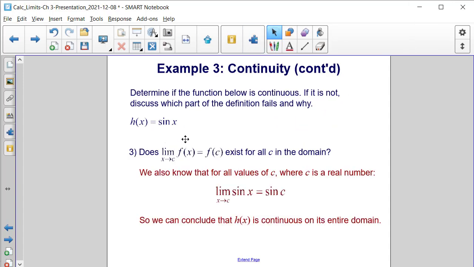And then, does the limit of f of x as x approaches c equal f of c? Does that exist for all c values within the domain? Well, we do know for all values of c, where c is a real number, the limit of sine of x as x approaches c will equal sine of that c value. So we can conclude that h of x is continuous on its entire domain.